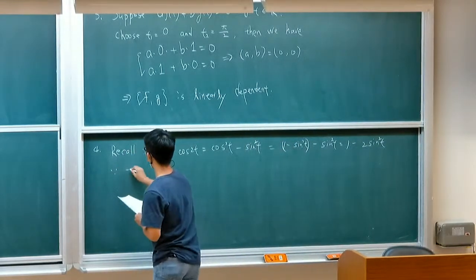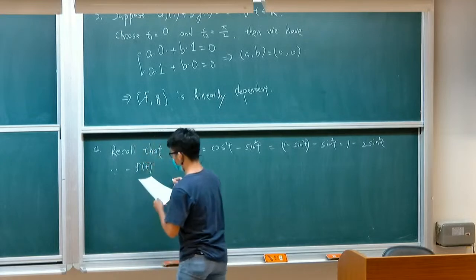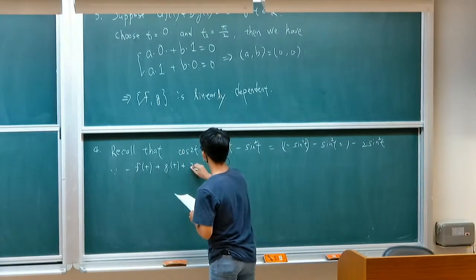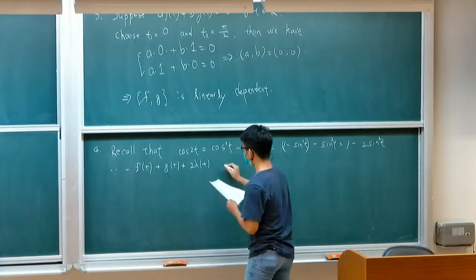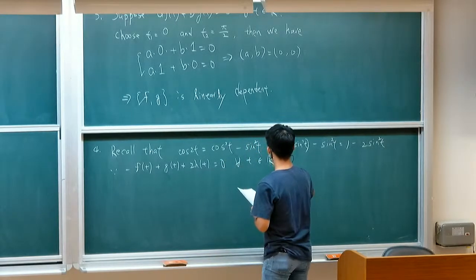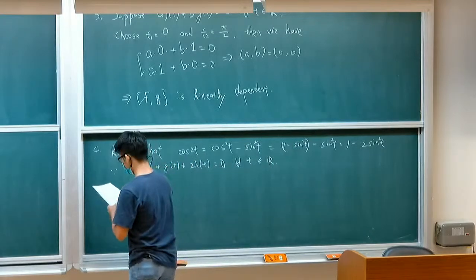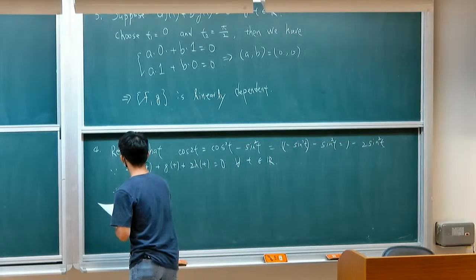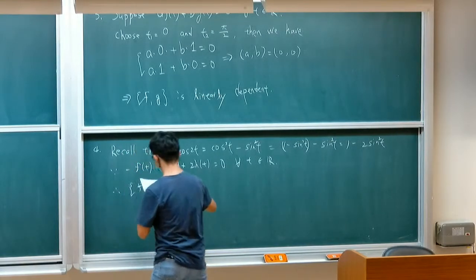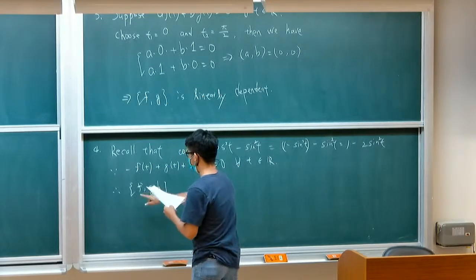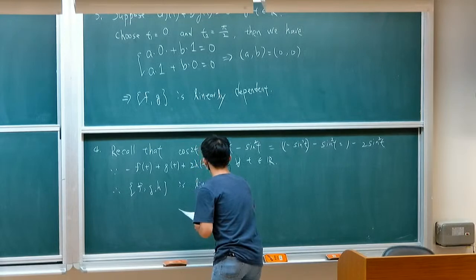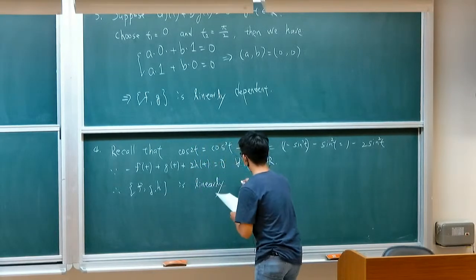So we have minus f of t plus g of t plus 2h of t is 0 for all t in R. Therefore, the set f, g, h is linearly dependent.